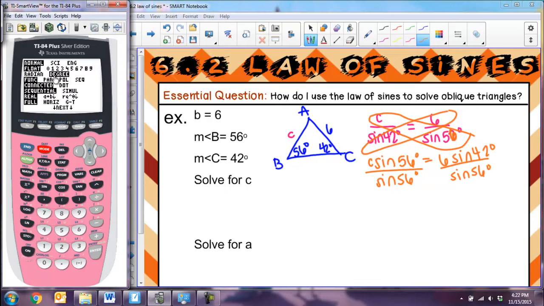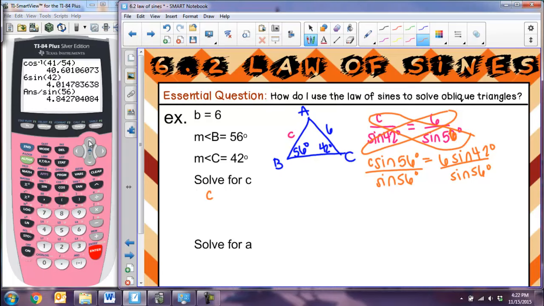So mode degrees, and I would take 6 times the sine of 42, and then divide that answer by the sine of 56. I would get that side C is approximately 4.84. I'm just going to round to the nearest tenth, so C is approximately 4.8.